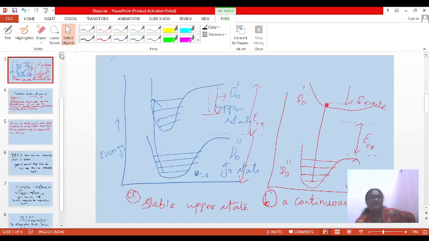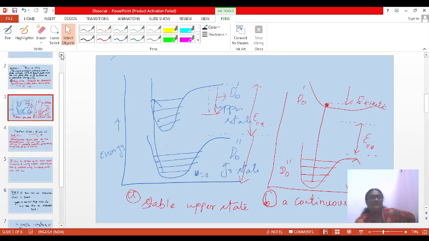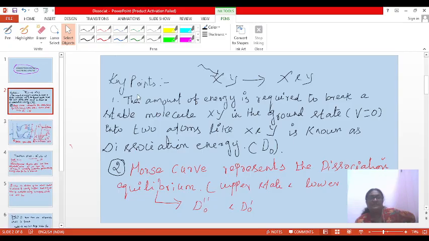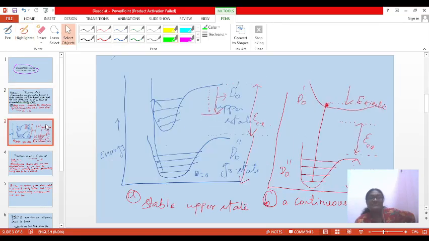Okay, first we should know what the dissociation point is. That is where we put the D0 value. Another one, the graphical representation, that is the stable point.